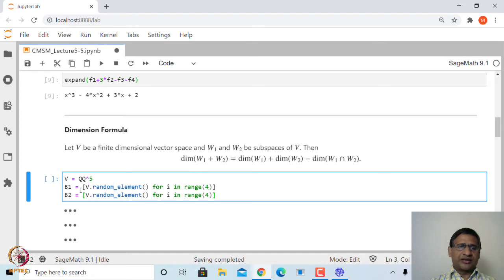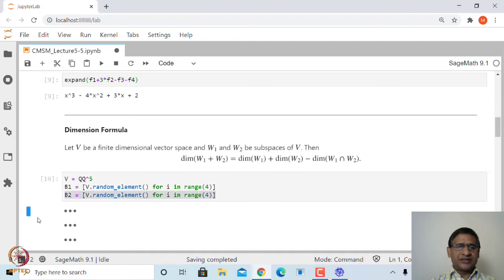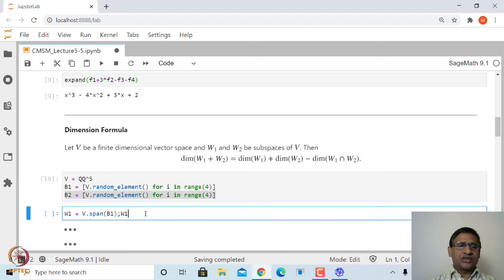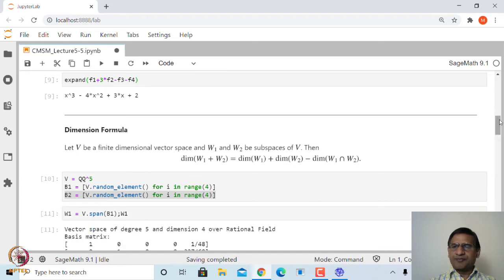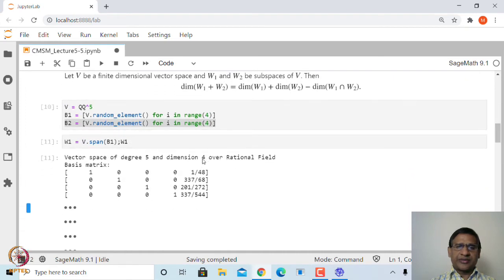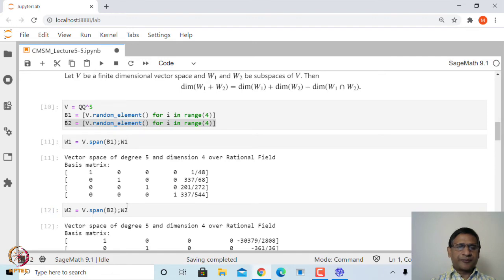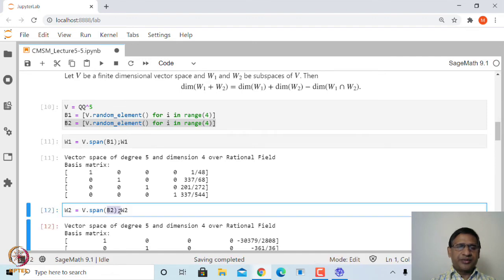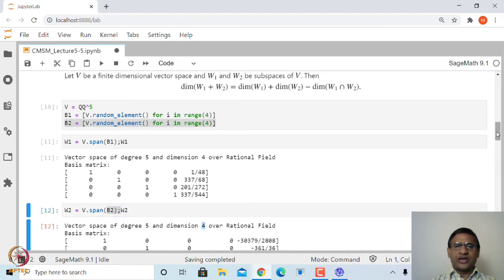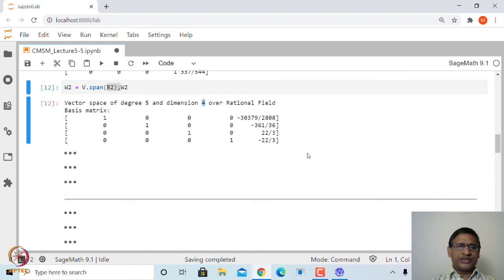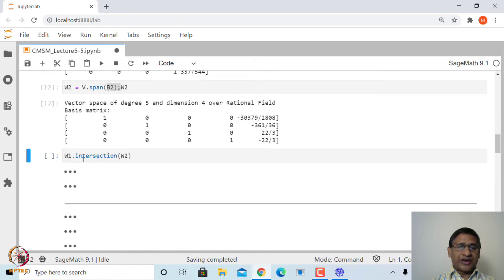So, it is possible that B1 generates a 4 dimensional subspace of V, B2 also generates a 4 dimensional subspace of V. So, let us define W1 to be the linear span of B1, that is a vector subspace of dimension 4, and W2 also a subspace of V generated by B2, that is also a subspace of dimension 4.